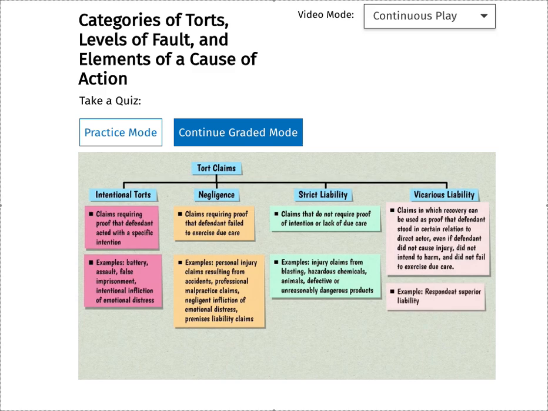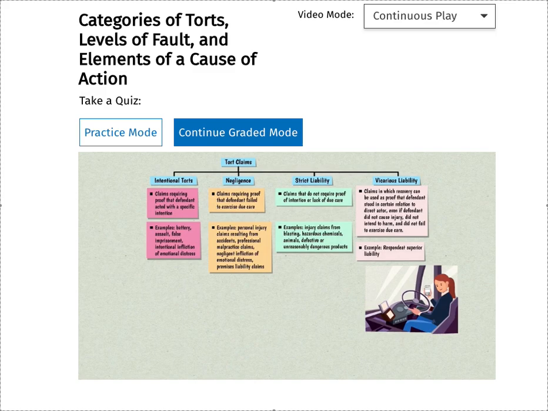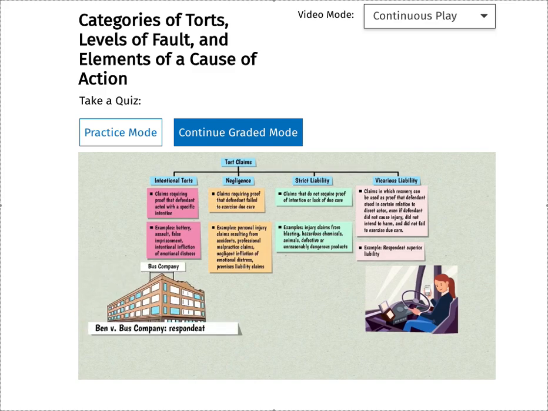The most common example of vicarious liability is employer liability for the actions of an employee. Consider again our example of Charlene the bus driver, who injured Ben because she was texting at the time. If Ben were to sue Charlene's employer, the bus company, the company might be liable to Ben under the doctrine of respondeat superior, a form of vicarious liability.